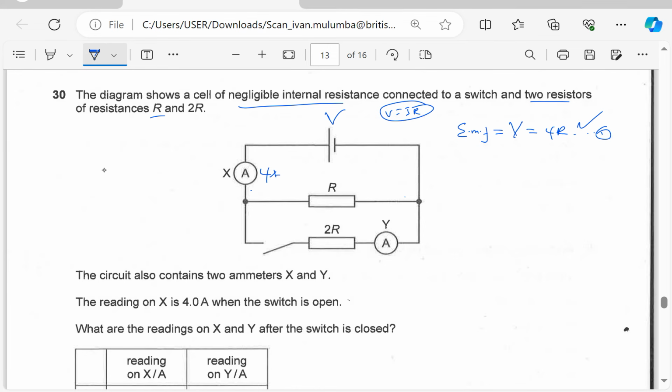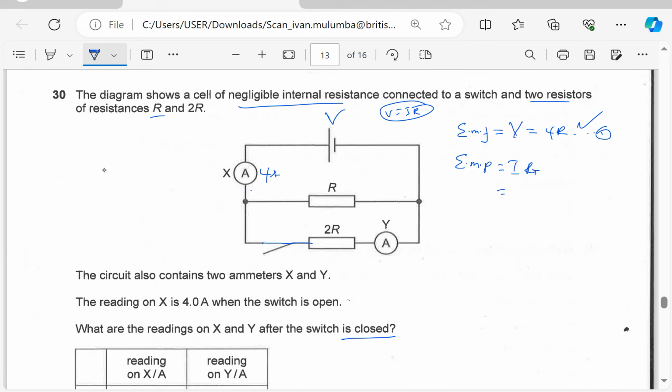What are the readings on X and Y after the switch is closed? So when the switch is closed, what happens to the current? Of course, the total resistance has decreased. The EMF, remember, remains constant. The EMF is going to be equal to the current times total resistance.